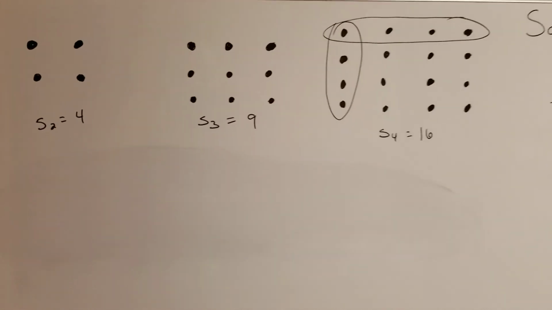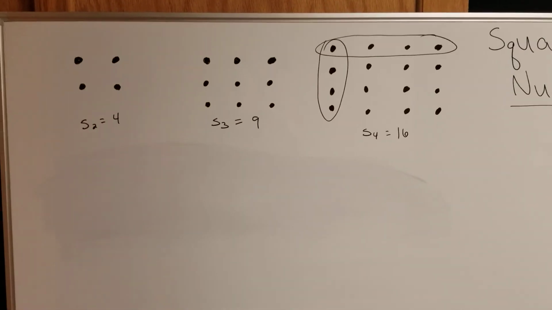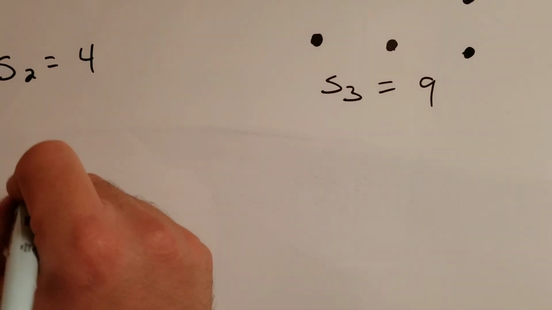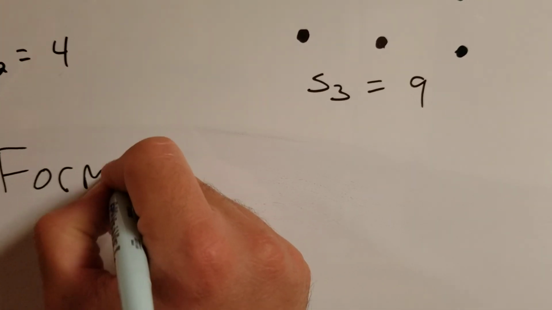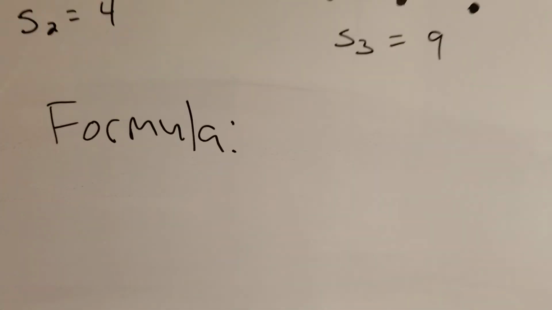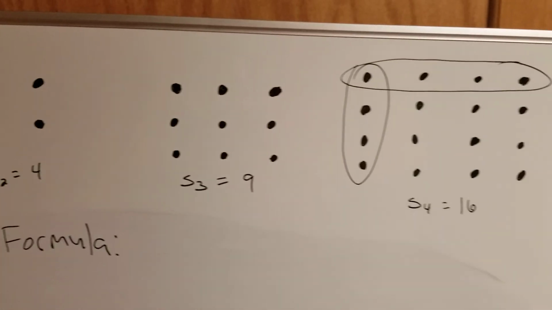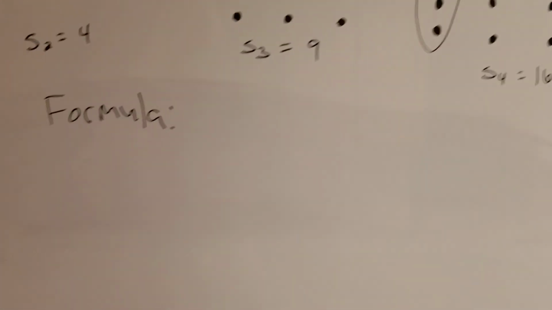I think ultimately the real goal here, if we really want to understand how this pattern works, is to come up with what we call in math a formula. All a formula says is that I can take any number and figure out how to represent it in this pattern.